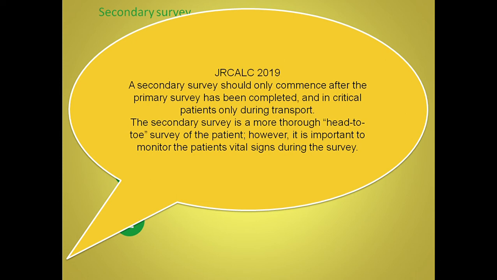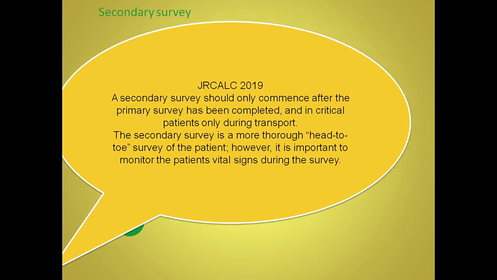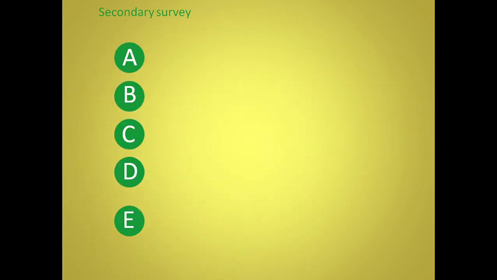The secondary survey is a more thorough head-to-toe assessment of the patient. However, it is important to monitor the patient's vital signs during the survey. So those vital signs will be A, B, C, D, E.